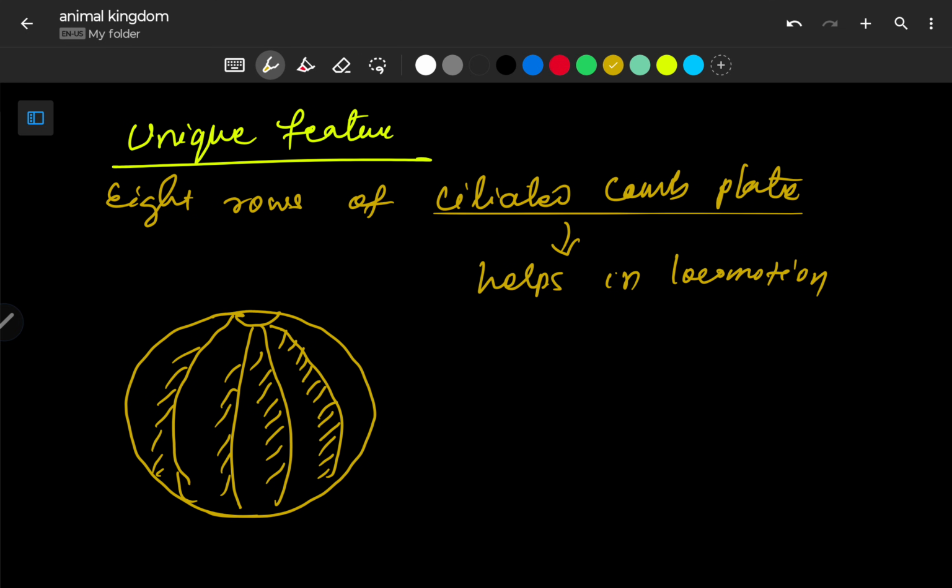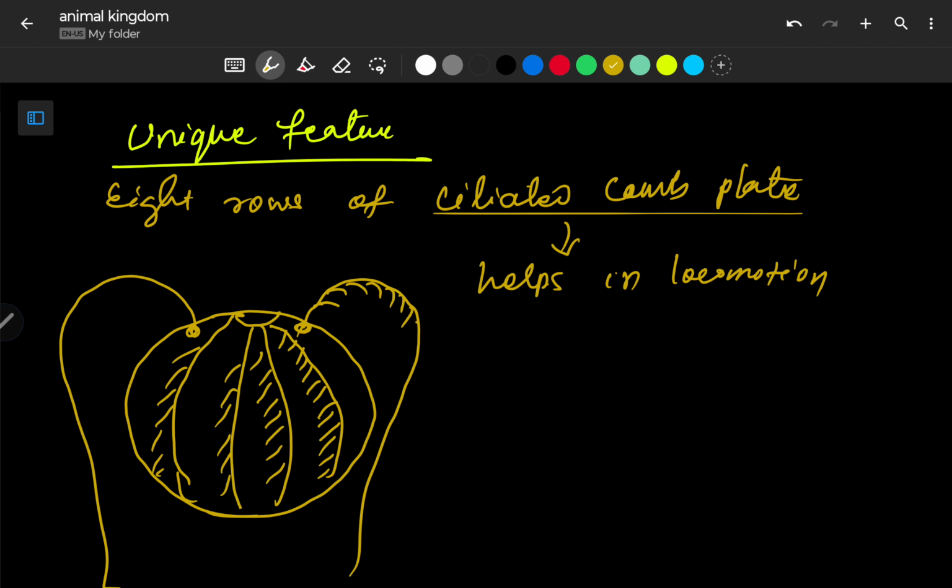Okay, and this organism differs from Cnidaria. They are having two flagellated tentacles, you can see the flagellated tentacles.